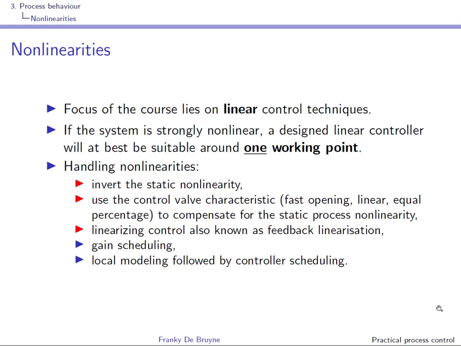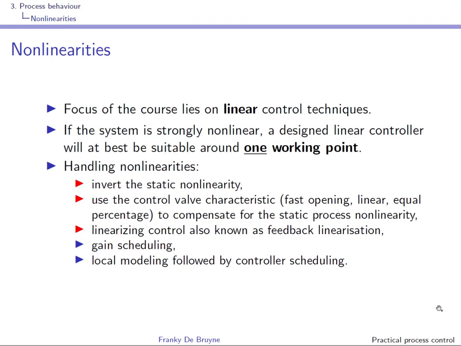So what we will see later on in the course, in chapter or section 6, is that you can really adapt the controller, and one adaptation is to adapt, for instance, the gain of the PID controller. This is called gain scheduling. Another adaptation is to do controller scheduling and let all the parameters, in most cases the gain of the controller and the integral time constant, evolve with the working point.